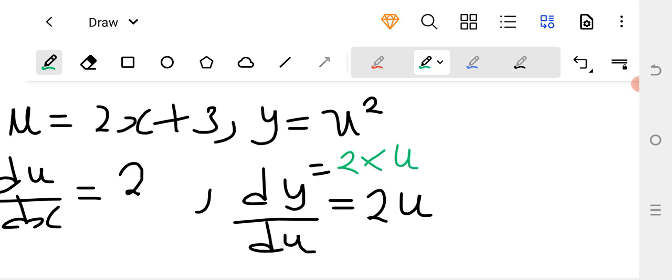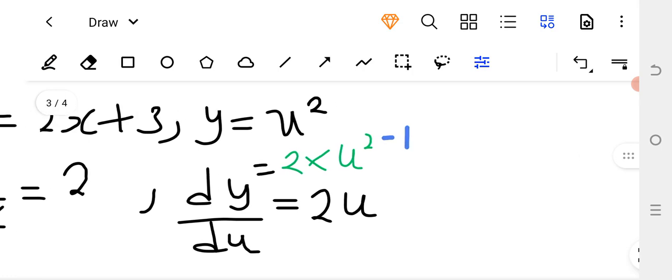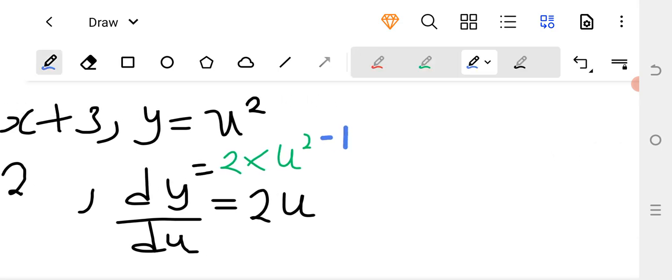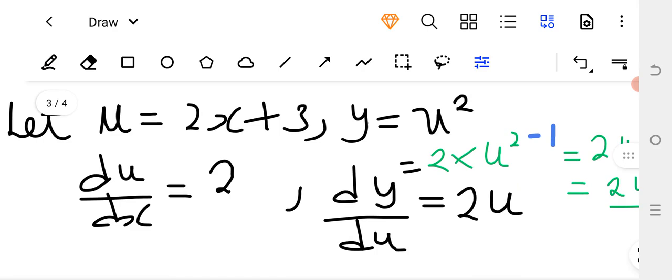Since it's raised to power 2, we drop the power by 1, and we end up with 2u to the power 1, which is just 2u.